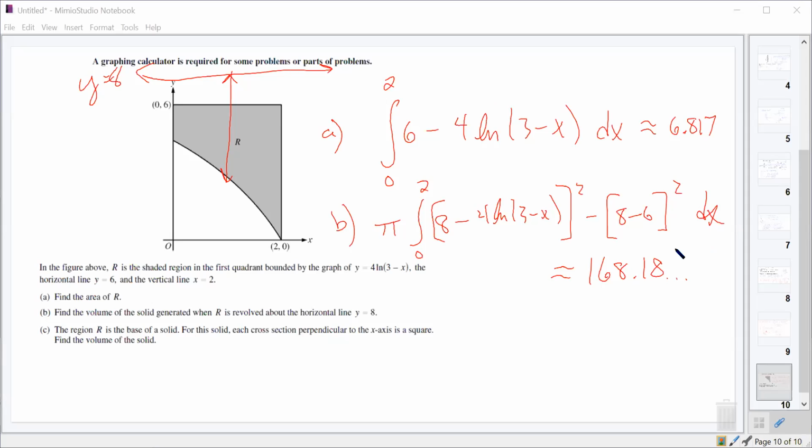And then part C, region R is the base of a solid. The cross sections perpendicular to the x-axis are squares. So this should be an integral from 0 to 2 of the distance here squared, because that's the area of the square. So that ought to be 6 minus 4 ln 3 minus x, squared dx.